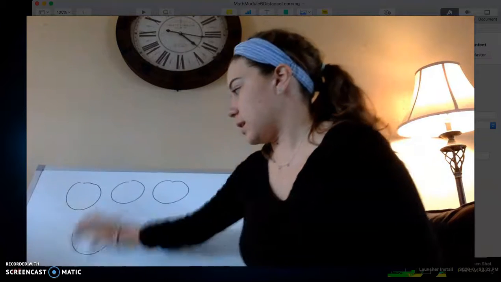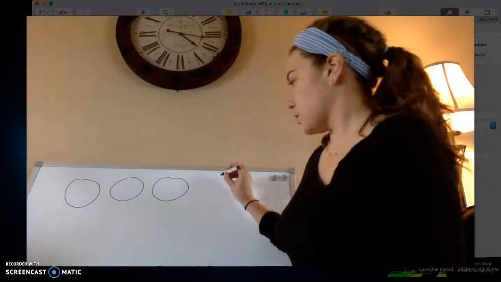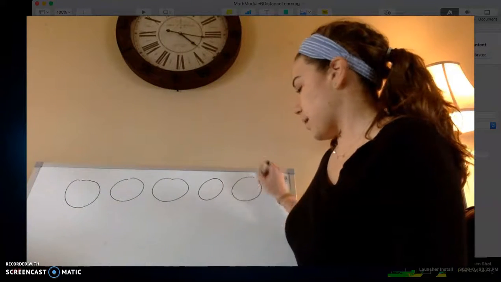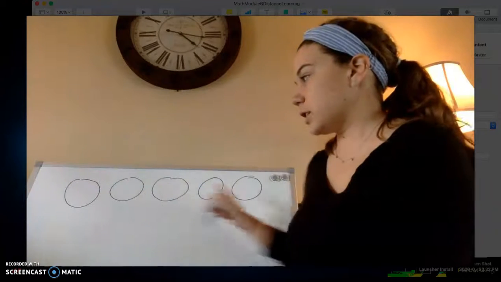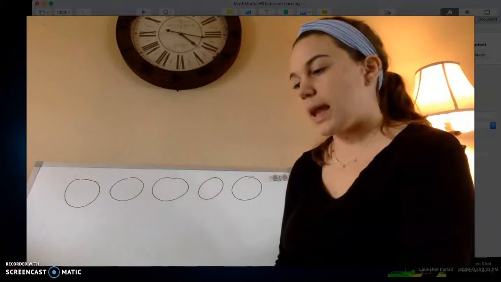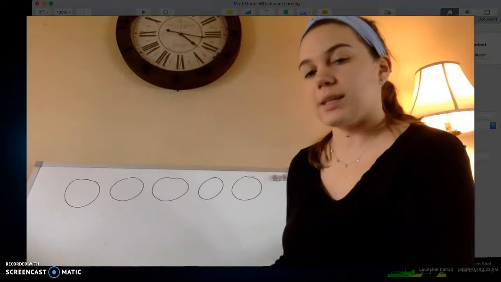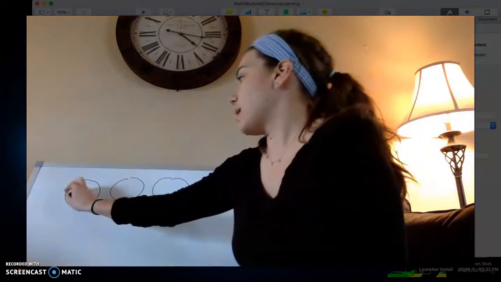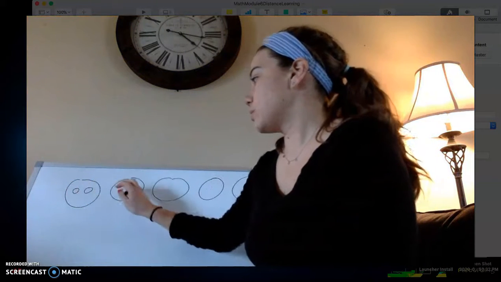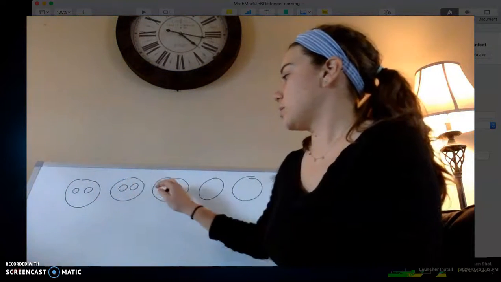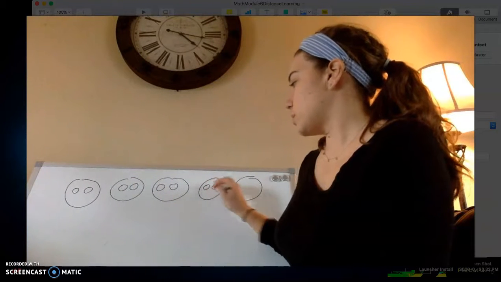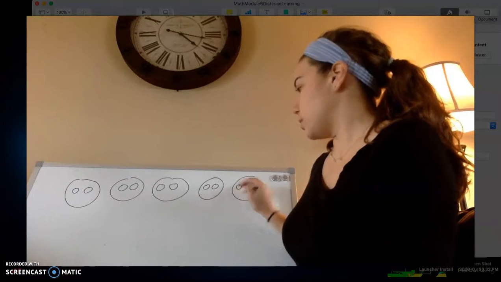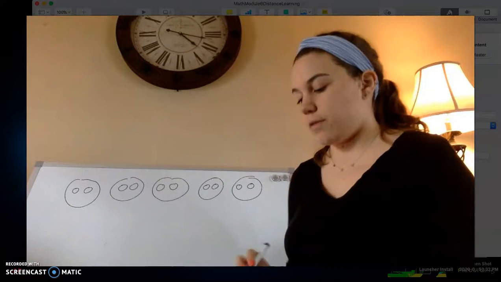It might be a little easier. So we have 5 large circles up top. Now they want us to draw 2 circles in each group. So we have 1, 2, 1, 2, 1, 2, 1, 2, 1, 2. So we have 2 in each of our 5 groups.